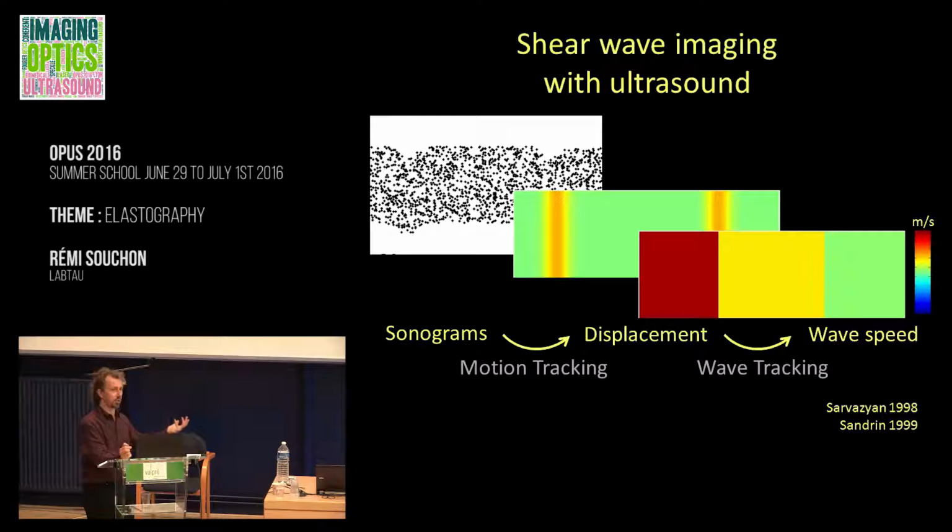I can measure the wavelength from the image, I know the dimensions, and the frequency is something that I've set. So I know these two parameters and I know the wave velocity, so now I'm done again. I know the shear modulus. I can make a shear modulus image out of that. And this is how MRI elastography works, except with the new techniques that we're using at the lab.